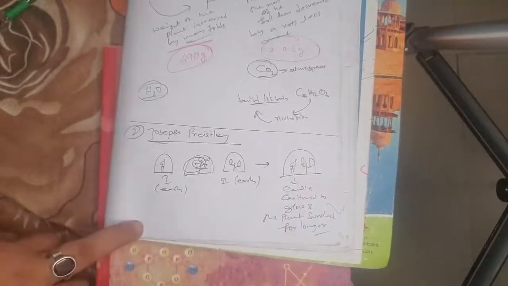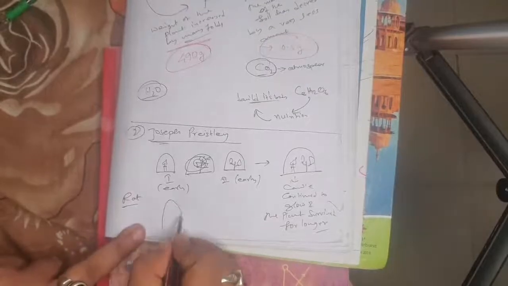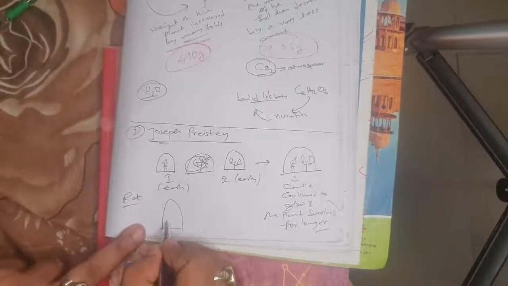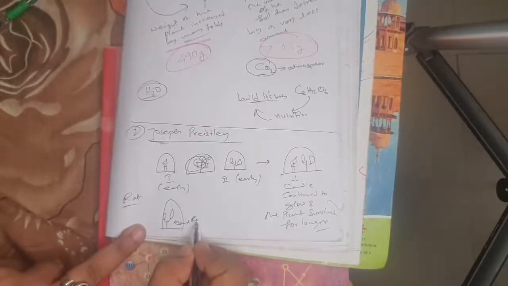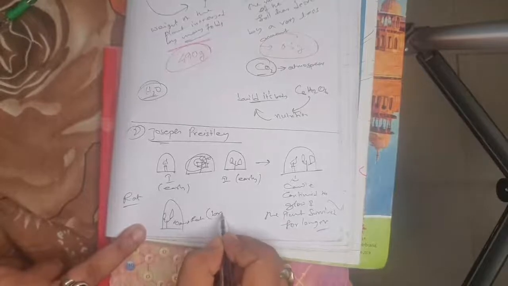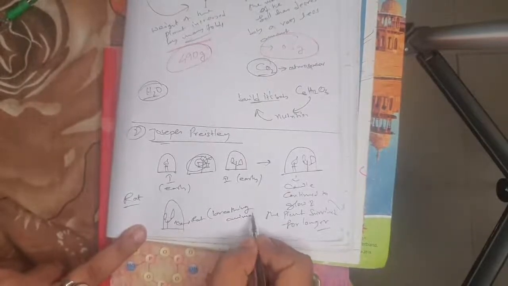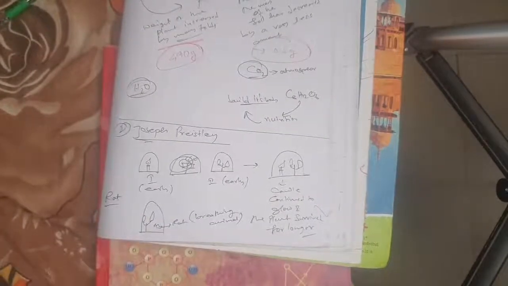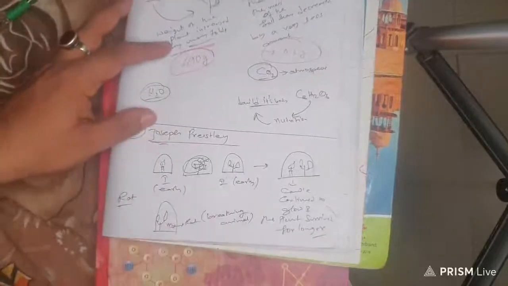The same experiment he repeated with a rat. He took a bell jar and put a plant and a rat, a breathing animal, together, and also separately in the same way.